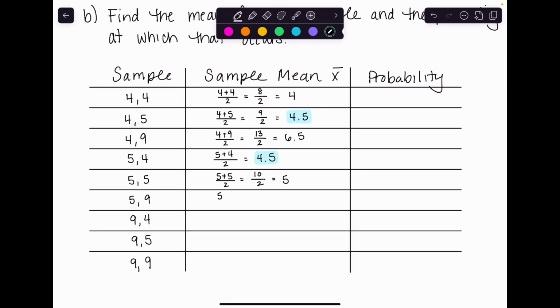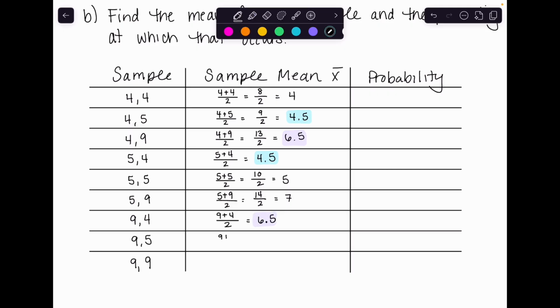Then we've got 5 and 9 over 2, and we haven't paired those up, so that's 14 over 2, which leads to 7. Now moving on to the 9 being selected first, 9 plus 4 over 2 is exactly the same as 4 plus 9 over 2. So no need to redo this. That mean will be 6.5.